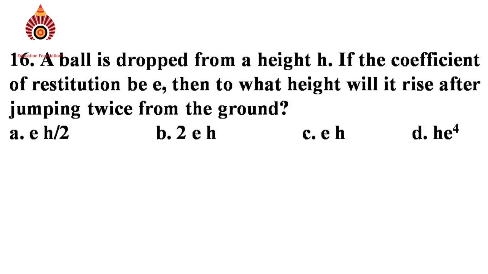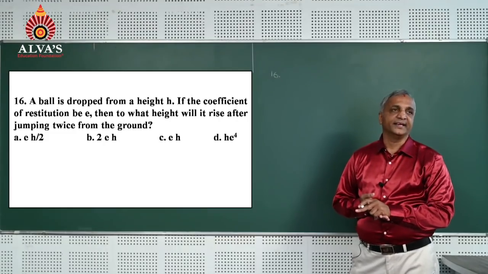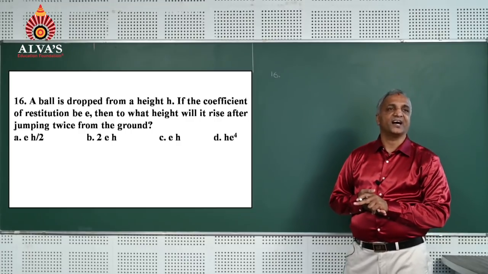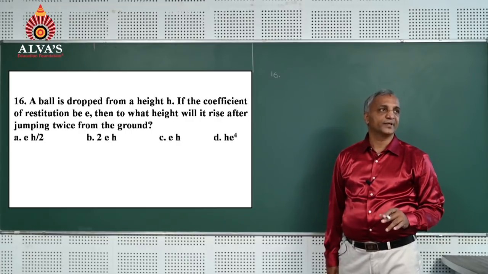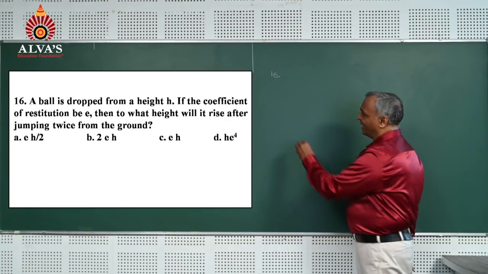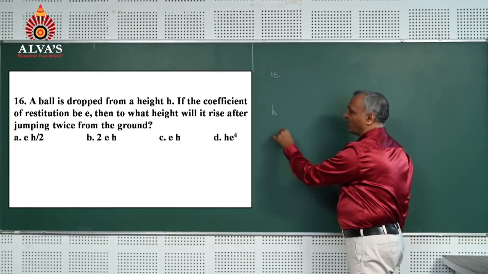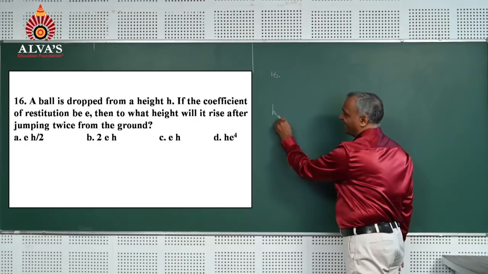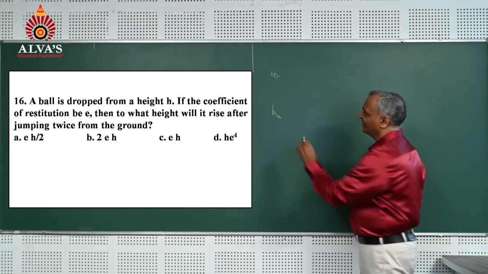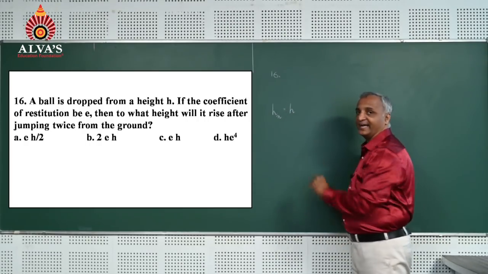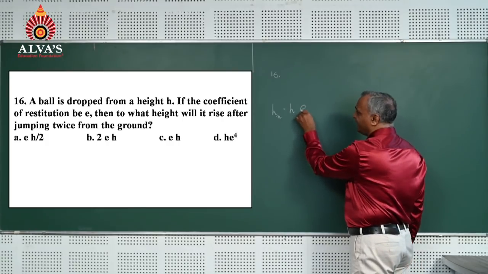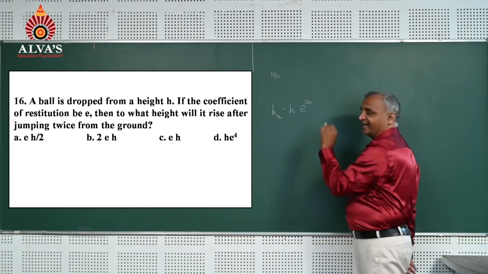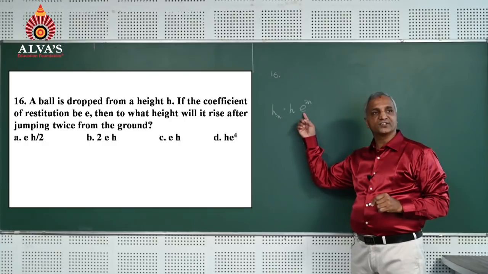Question number 16. A ball is dropped from a height h. If the coefficient of restitution be e, then to what height will it rise after jumping twice from the ground? We know that the height to which the ball will rebound, say hn after n pitches, will be equal to initial height into e to power 2n, where e is the coefficient of restitution.